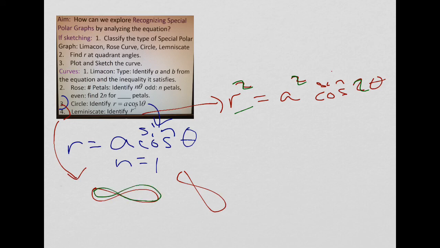Be careful when you're using the graphing calculator, because the closer it is to 0, you're not going to see it connect, but we know by actually doing it by hand, it will indeed connect, all right? So that's why we actually do graph them by hand, so we get the full feel of our graphs. All right then, let's go identify our equations, understand their graphs, and keep on working with our polar equations.